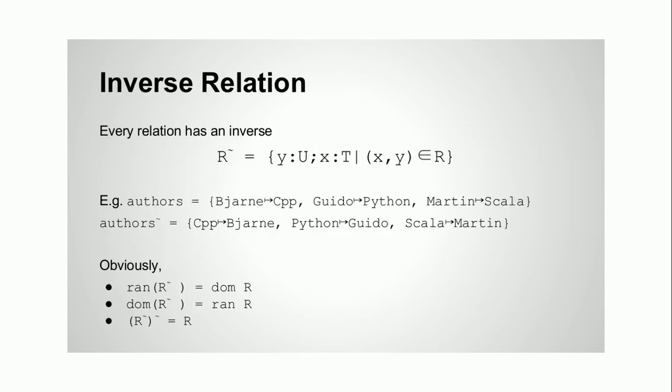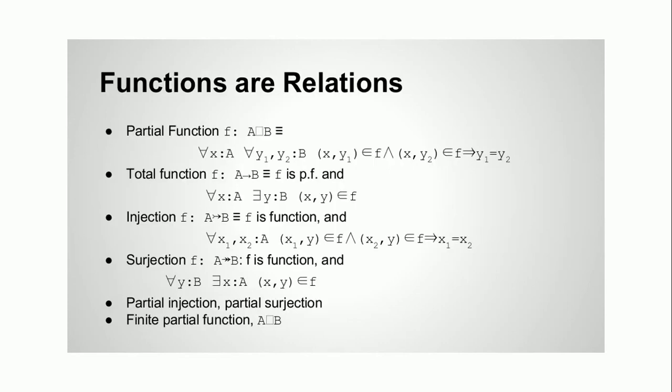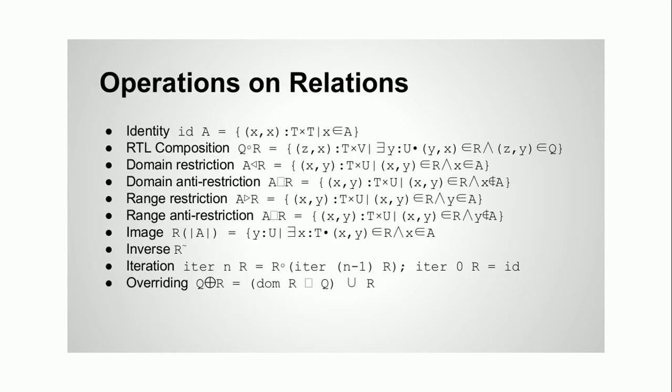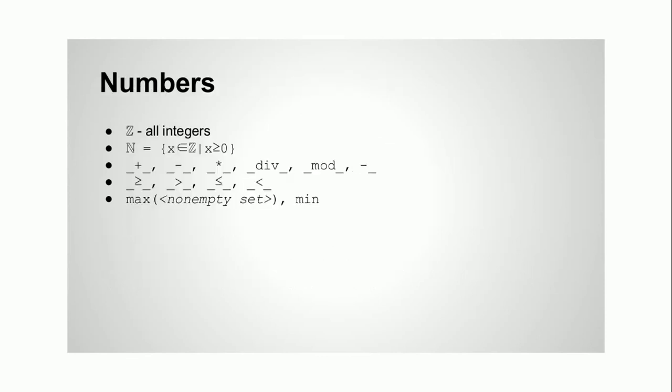Inverse relationship: every relation has an inverse. Functions are relations: partial functions, total functions, injections, surjections, partial injections, partial surjections, finite partial functions. Operations on relations: identity, relational composition, domain restriction, domain anti-restriction, range restriction, range anti-restriction, relational image, inverse, iterations, overriding.